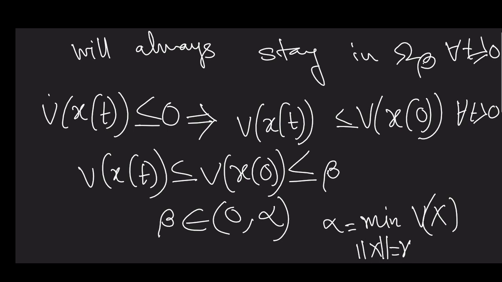Then you have a beta, like you actually first find the minimum value of your energy function over the outer shell defined by that norm. Okay, what is R? Now here let me also define R.